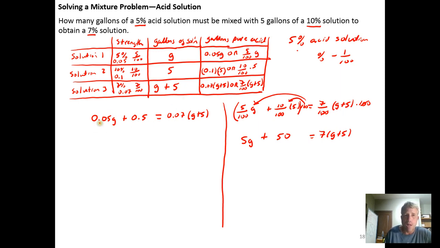It turns out that's probably the best thing to do here as well, because if we multiply the decimal approach by 100 on both sides, which is perhaps a little less obvious, this 100 times 0.07 is going to give us a 7 because it moves the decimal place twice, and it'll be G plus 5, and you'll see it matches exactly what we have here. 100 times 0.05 will move the decimal place twice and give us a 5G, plus when I distribute the 100 times the 0.5, it will move the decimal 2 places, which will give me a 50.